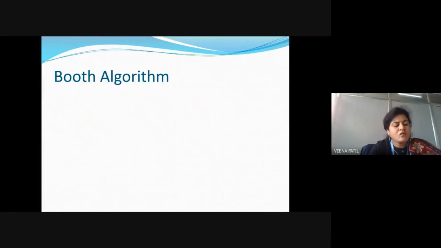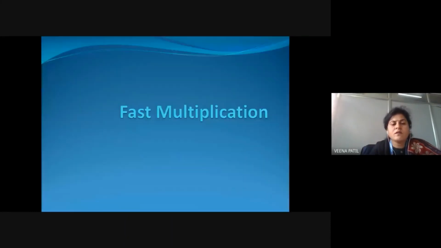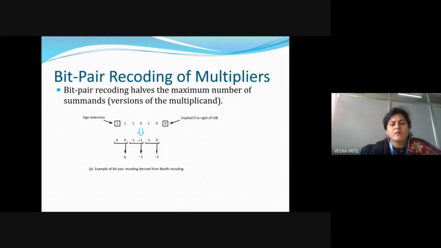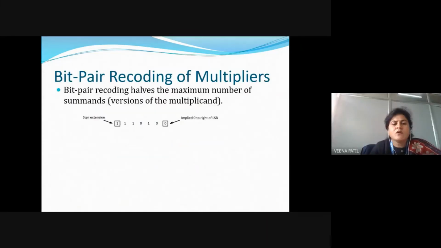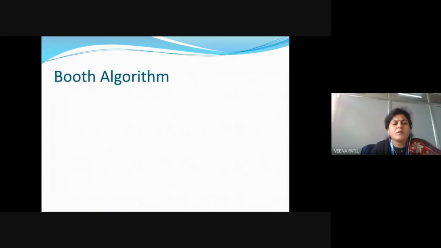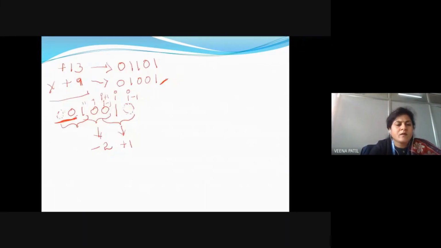So for 0, 0, 1, what is the number that I have to write? Plus 1. So simply write here as plus 1. So my new recoded value is plus 1, minus 2, plus 1. Got it?